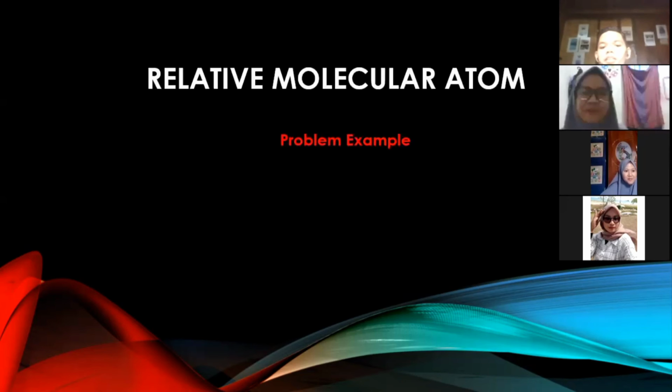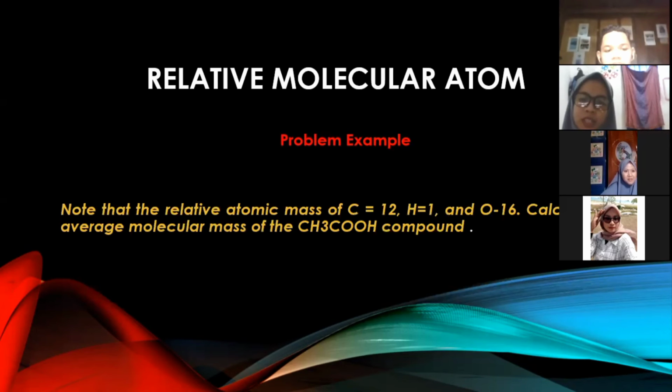Relative molecular mass, molecular atom. Example: note that the relative atomic mass of carbon is 12, hydrogen 1, and oxygen 16. Calculate the average molecular mass of the CH3COH compound.